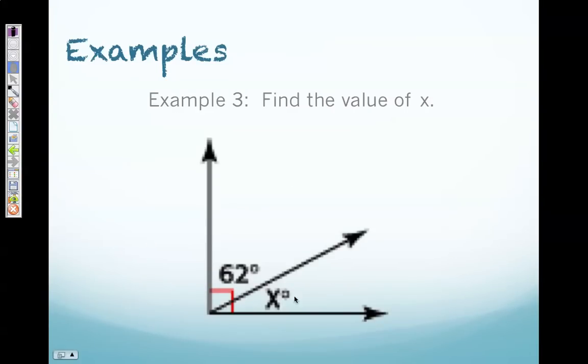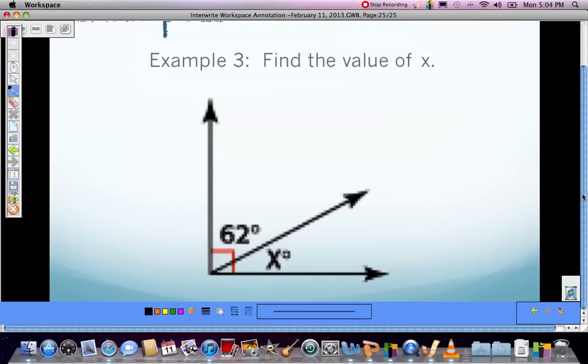All right, example 3, find the value of x. When given these kinds of problems, you first want to see what kind of angle you have. This is a right angle, and it is indicated by the little box here. Right angles are equal to 90 degrees. So if we know that this angle here is equal to 62, how can we find this angle?